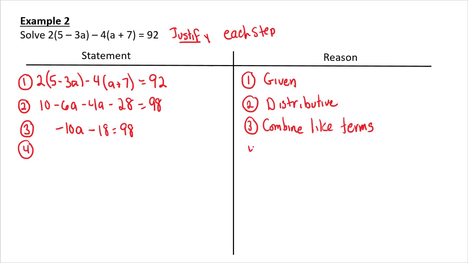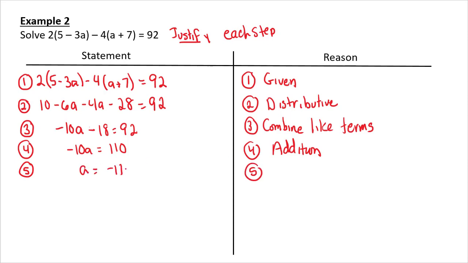The next reason. Okay, we would add the 18 over. I don't know why this changed to a 98, because I keep looking at my notes. So I add that over and I get 110, and that's our addition property. Step 5, divide by negative 10, and that's our division property.